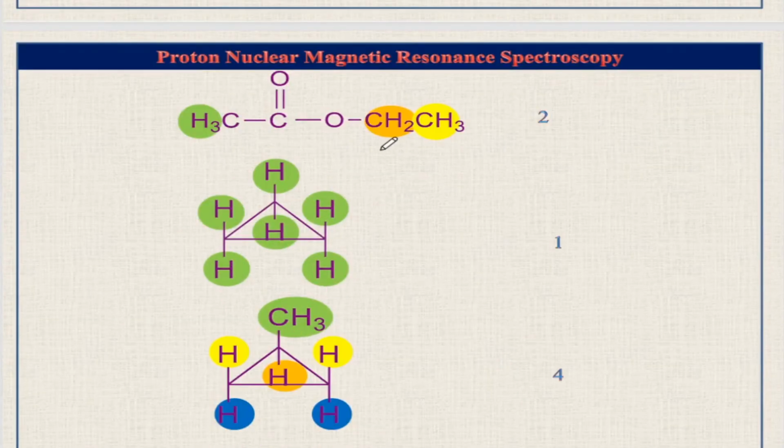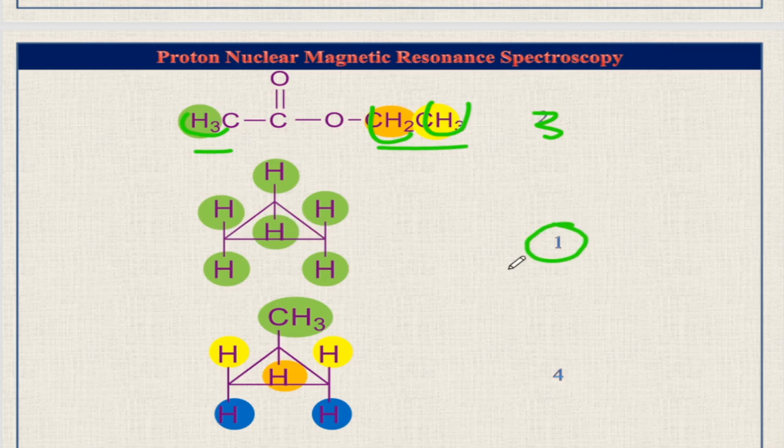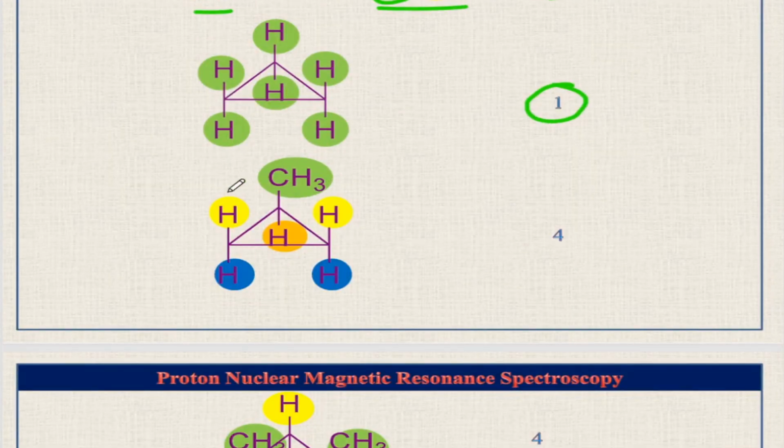And in ethyl acetate, it has three sets of protons, so it gives three NMR signals. In cyclopropane, all the protons are equivalent, so it gives only one NMR signal. In methyl cyclopropane, it has four sets of protons.